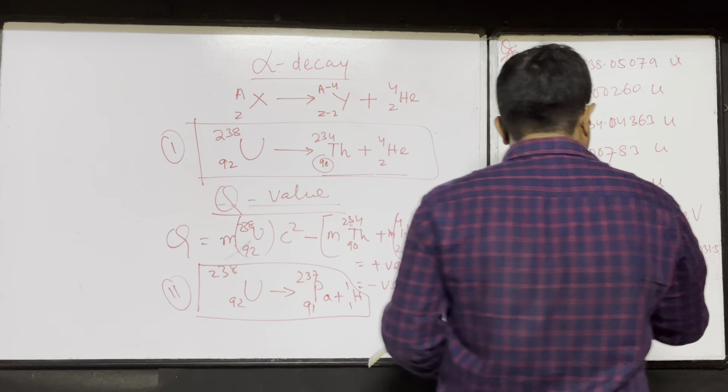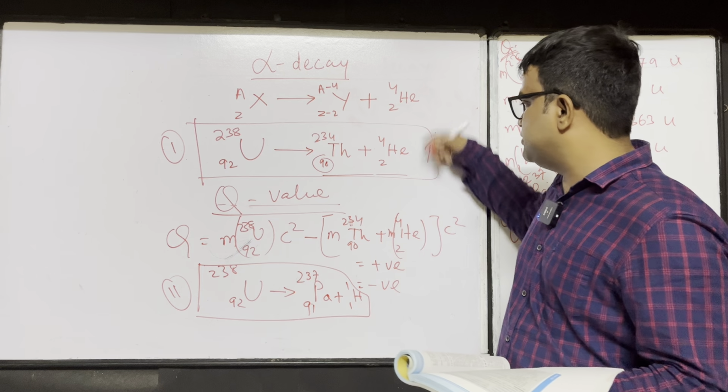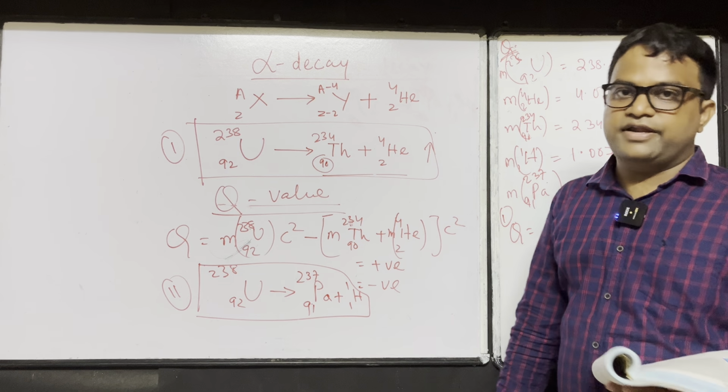So basically my point is you will get a positive number. A positive Q value means the disintegration will be spontaneous in nature and energy will be released, exothermic type, in this decay.